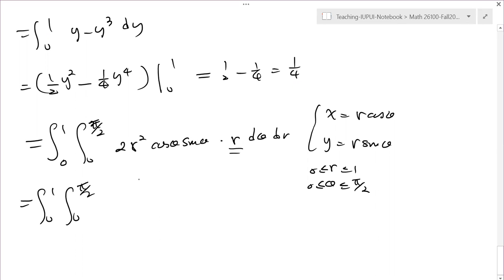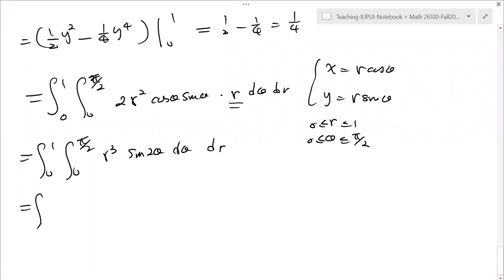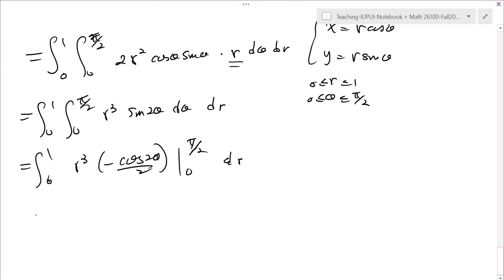2 cosine theta sine theta will be sine 2 theta. So the antiderivative of sine 2 theta will be negative cosine 2 theta divided by 2. Okay, so you plug them in.